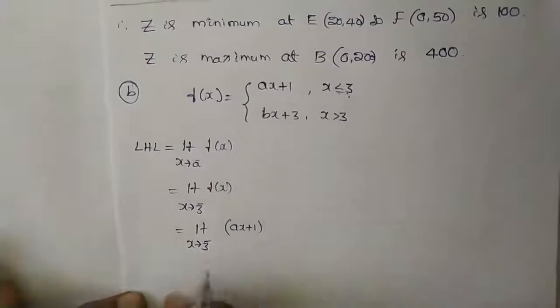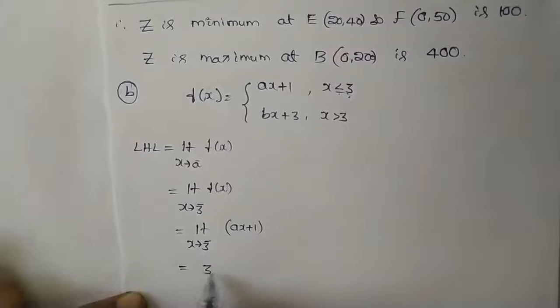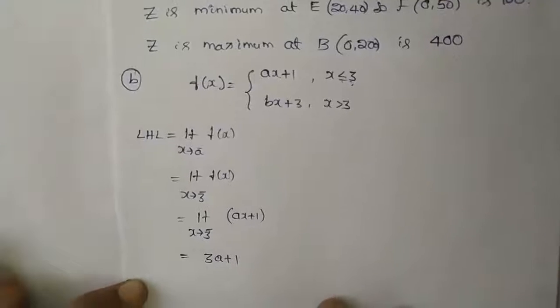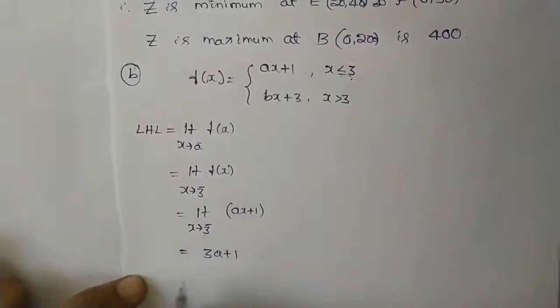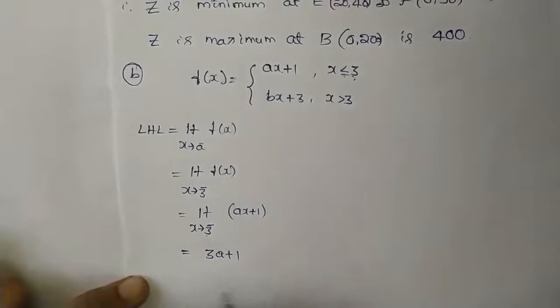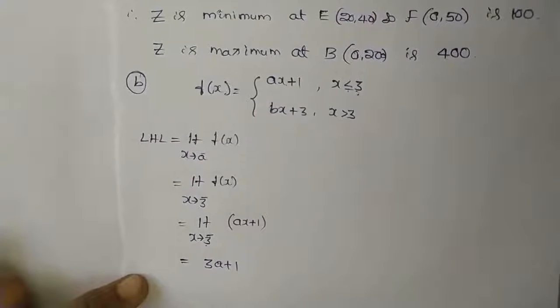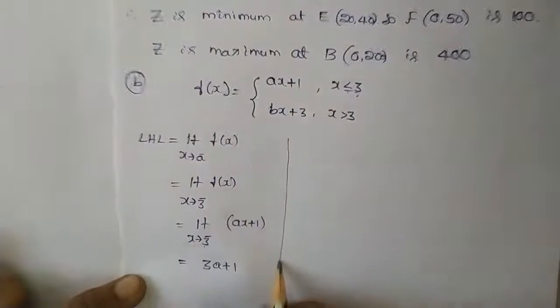Now apply the limit, then 3a plus 1. In place of x I am putting 3. So 3a plus 1 is the LHL.